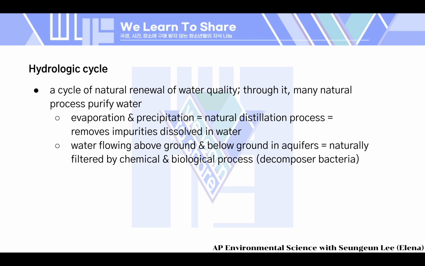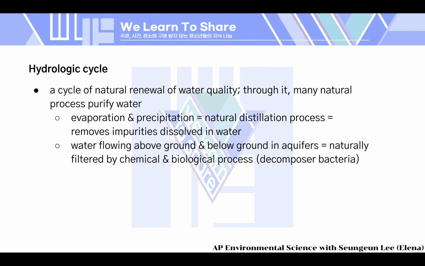And so the hydrologic cycle itself is a cycle of natural renewal of water quality in addition, right? Through the hydrologic cycle, many natural processes purify water. So there's the process of evaporation and precipitation, which itself is a natural distillation process. It removes impurities or mixed things dissolved in water.